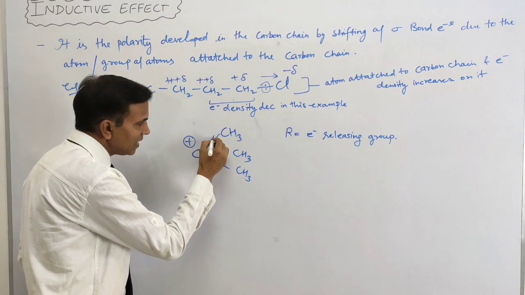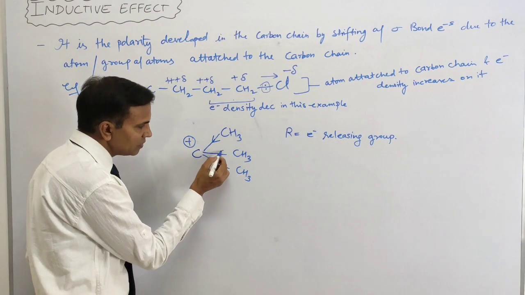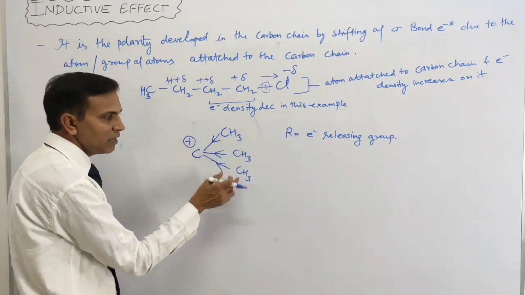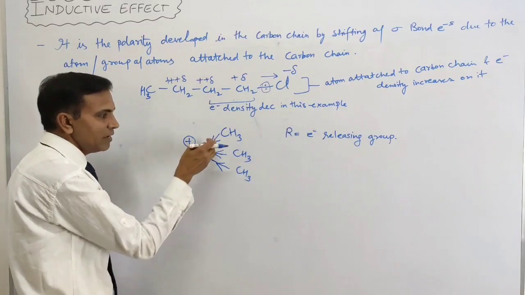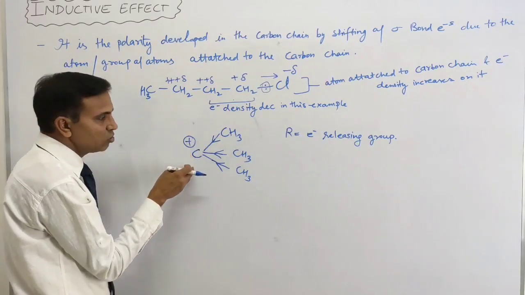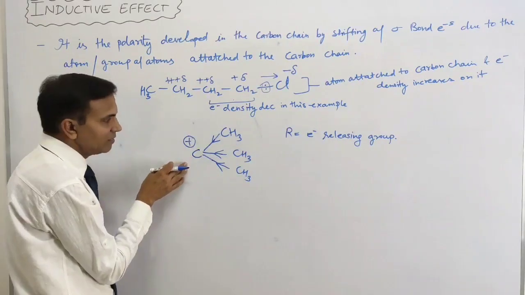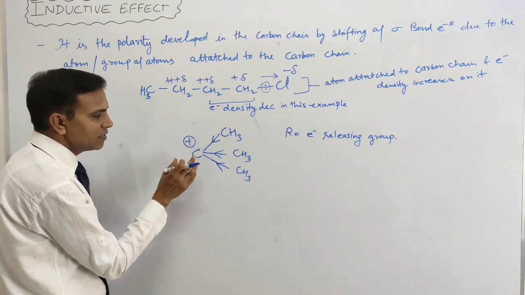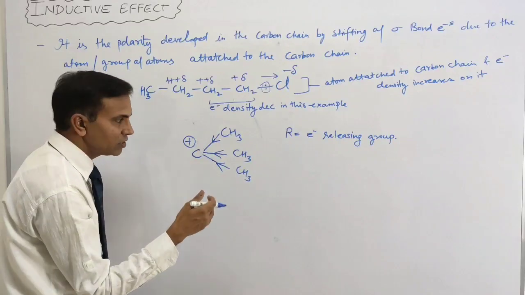So it increases the electron density to the carbon attached. Because 3 alkyl groups are there, which release electrons towards the carbocation, its positive charge decreases. That means this carbocation becomes more stable.